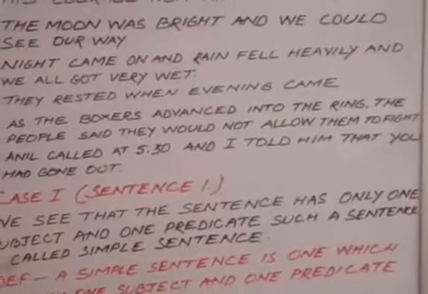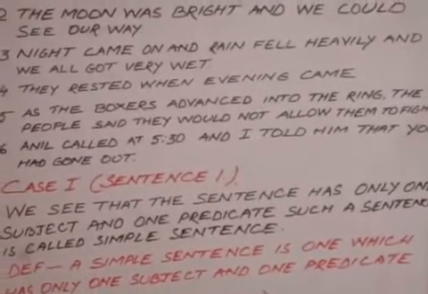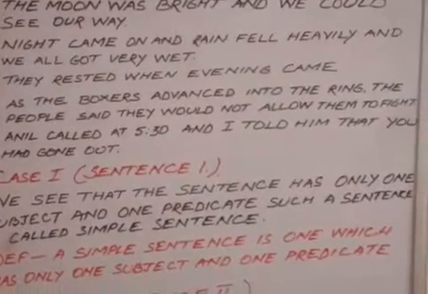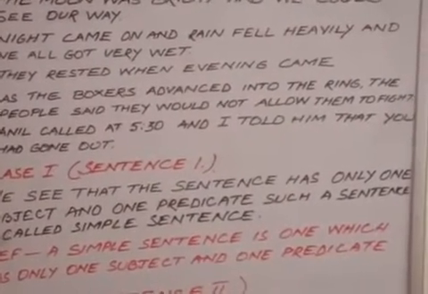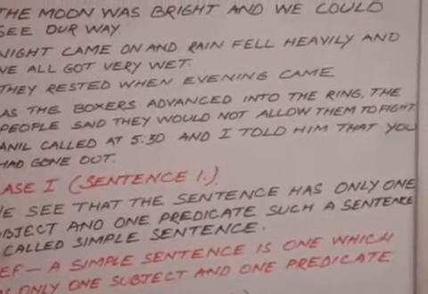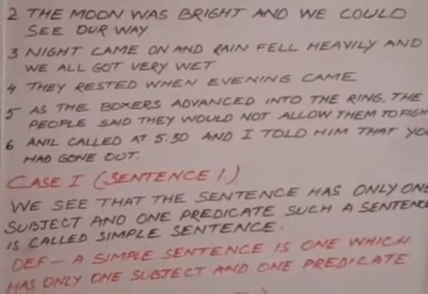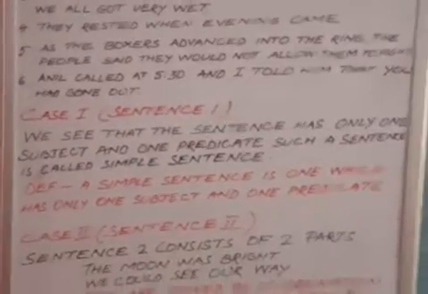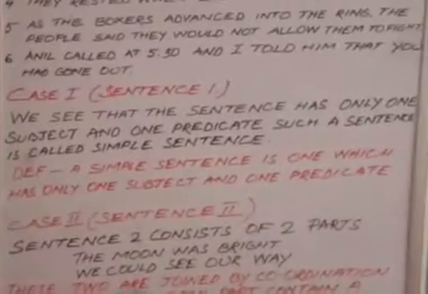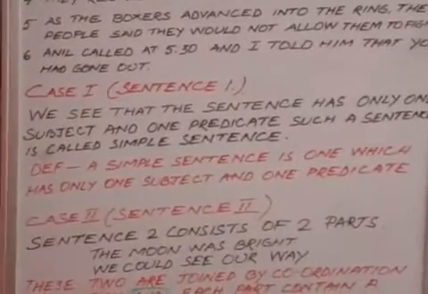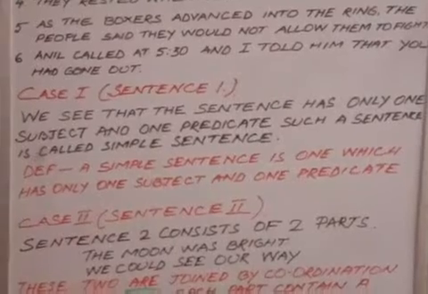As the boxer advanced into the ring, the people said they would not allow them to fight. Number 6. Anil called at 5:30 and I told him that you have gone out. Now let's take each sentence one by one according to case and let's understand.